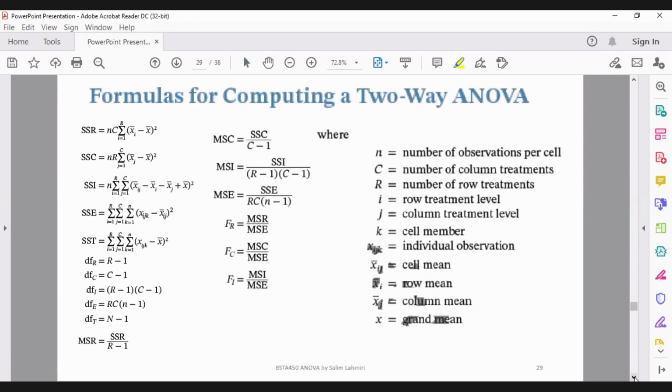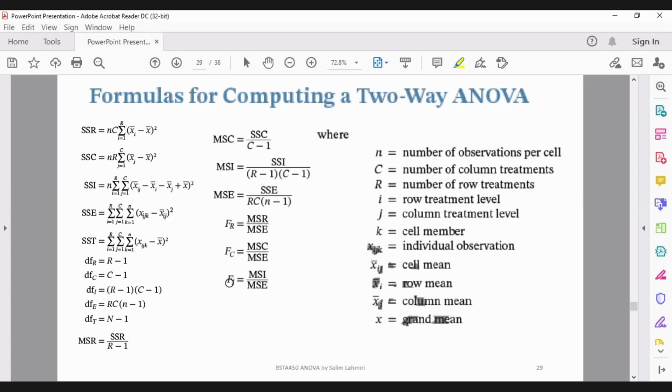These are the formulas used to calculate F for rows, F for columns, and F for I, where I denotes interaction effects.